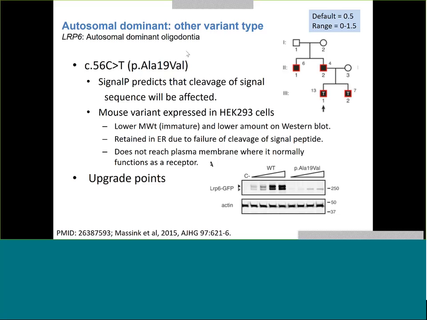They've done a bunch of different things. I don't see why you wouldn't go to 1.5. What else would you want other than to make a mouse model of this specific mutation that caused oligodontia? I think it's pretty clear that the variant is damaging. Okay, that's great. What do other people think?